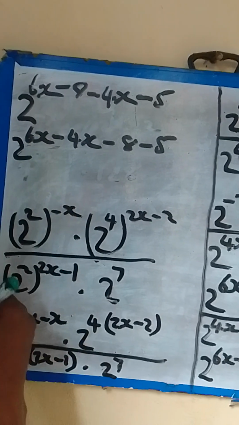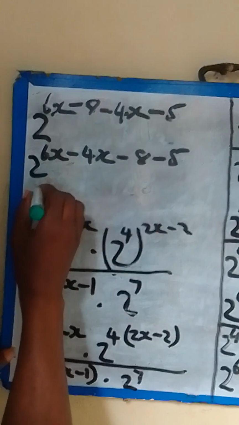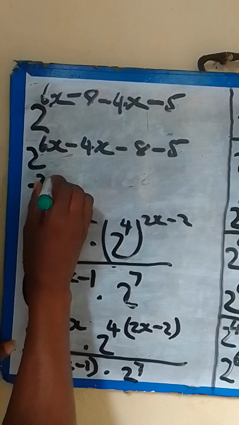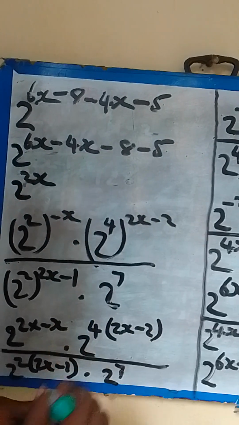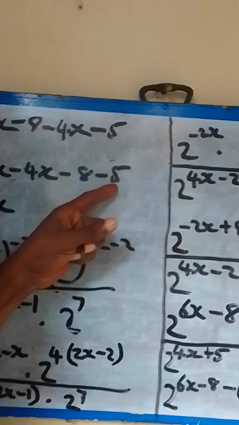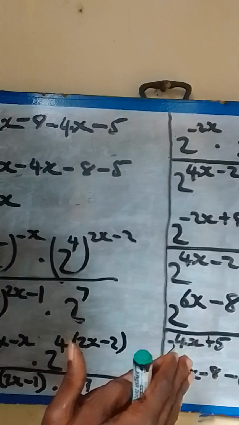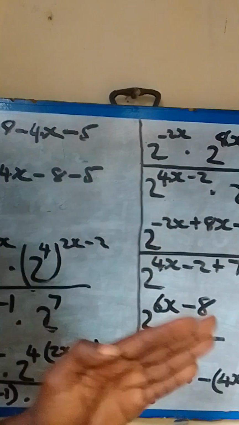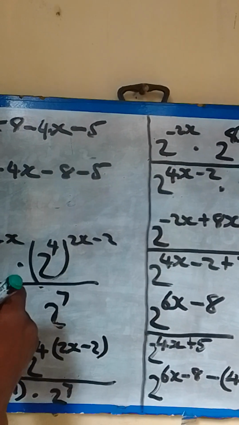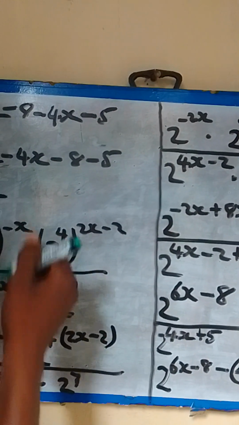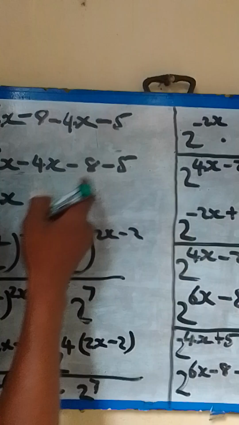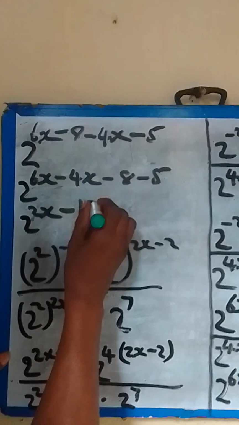So 6x minus 4x becomes 2x. So minus 8 minus 5. When you have a number like this, you add the numbers but maintain the minus sign. So when we add 5 to 8, we are going to have 13. We retain the minus sign, becomes minus 13.